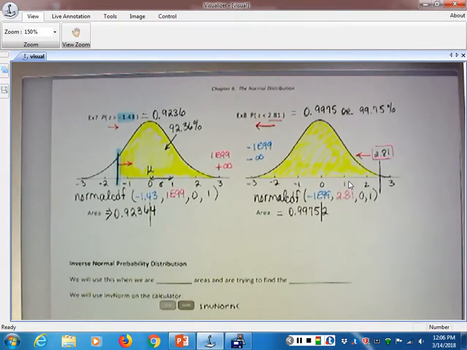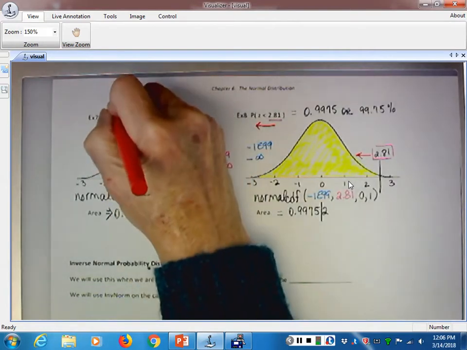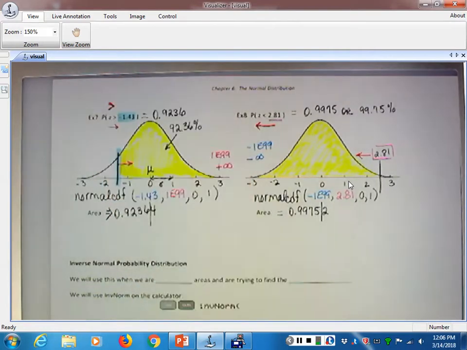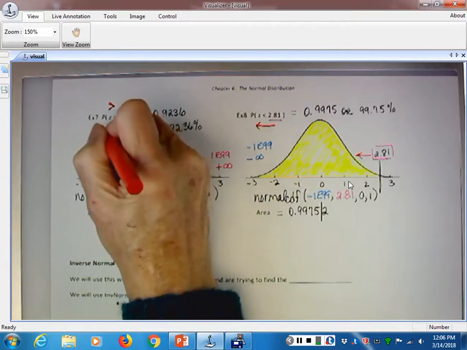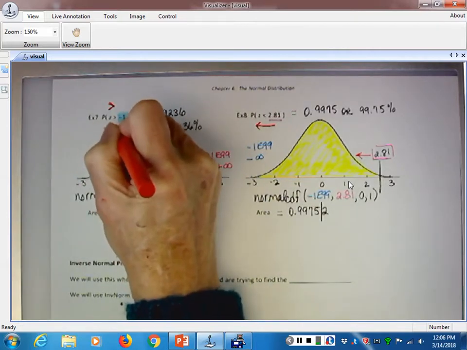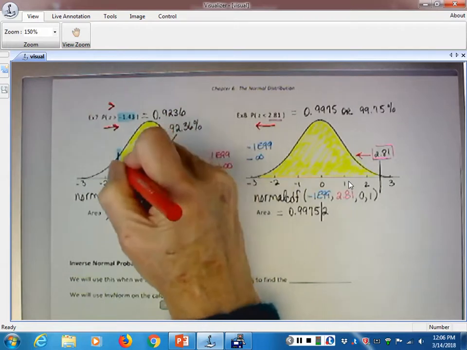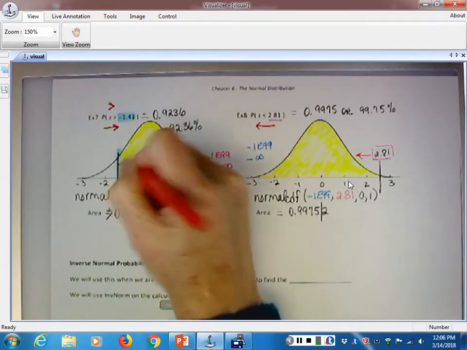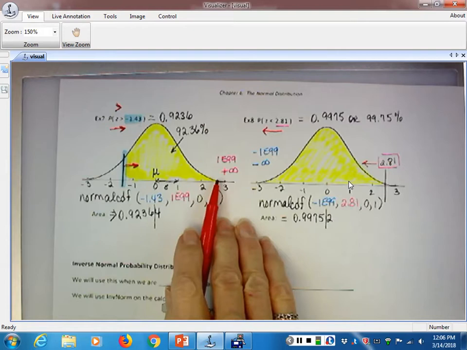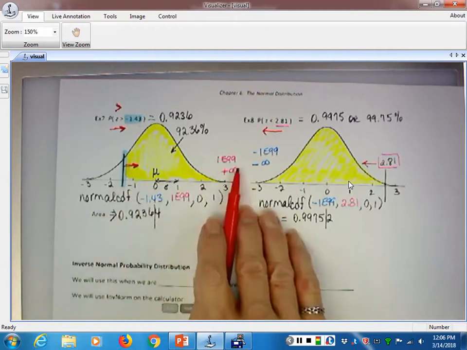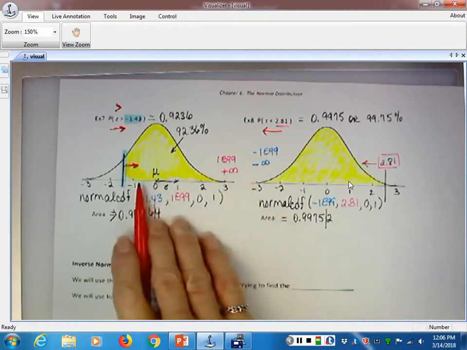So if you look at this, the sign says greater than. It points to the right. So you find that number, put it on here, and then point to the right. Now if you're going to the right of that number, where are you starting? If you have to go to the right of the number, where does the shading begin?